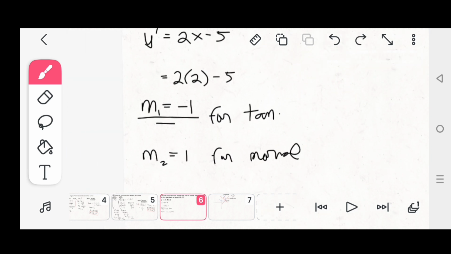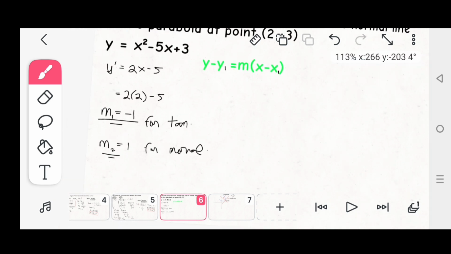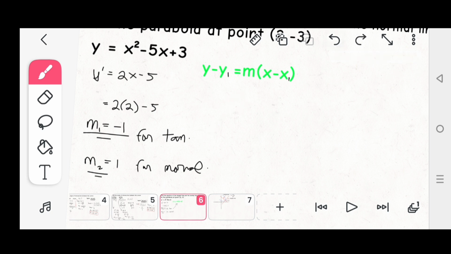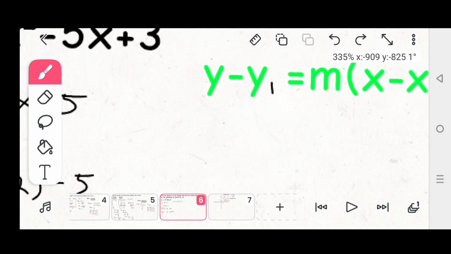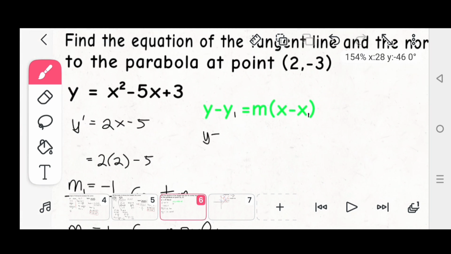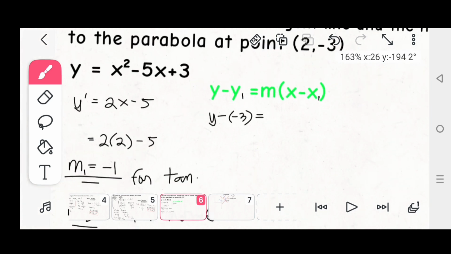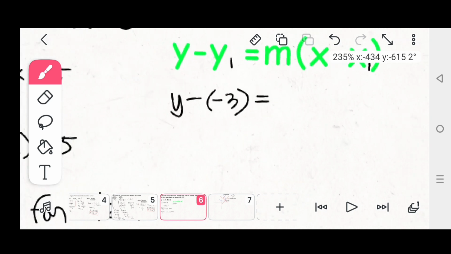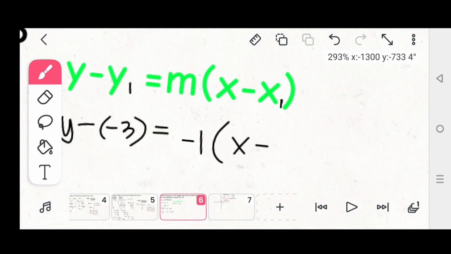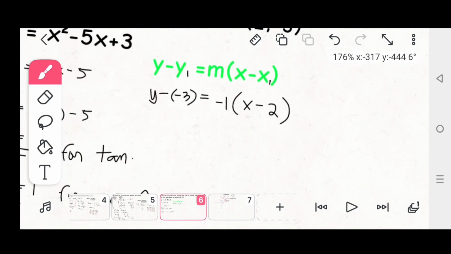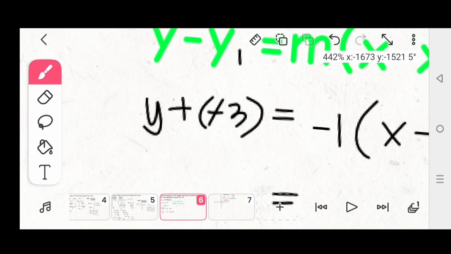Now that we found the m1 and m2, we are going to use this formula. Substitute the value of this, then cancel.